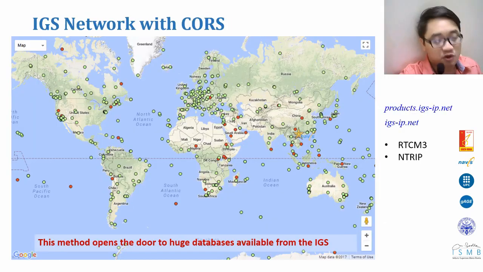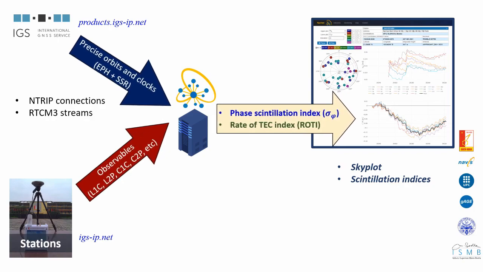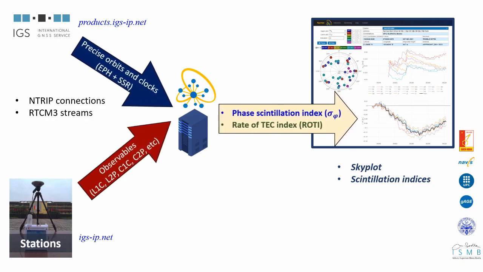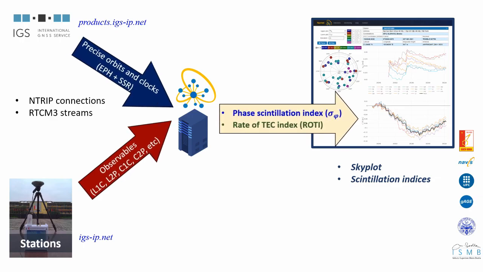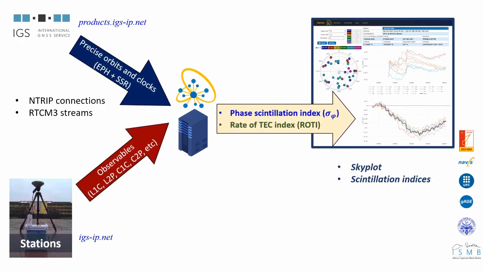The wide distribution of stations and IGS real-time streaming services help us create a website to monitor the scintillation indices in real time. The real-time services of IGS provide us the precise orbits and clocks of all satellites. These data are streamed in RTCM3 format through an internet protocol, which is called NTRIP.